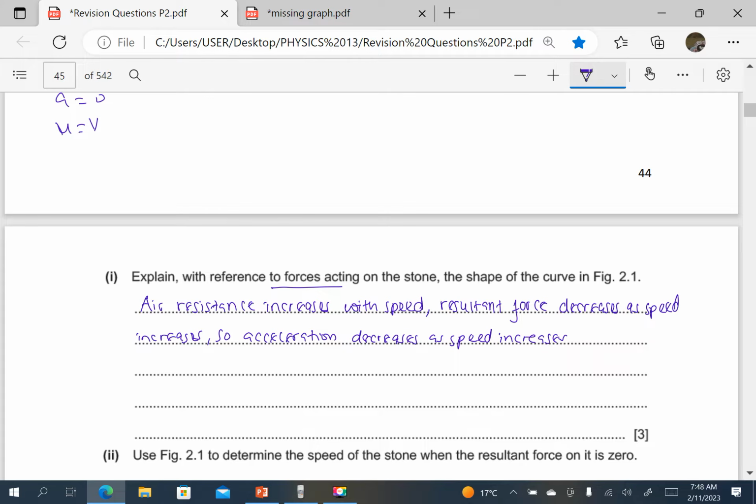And when the air resistance equals the weight, because the weight is constant, the resultant force is 0.